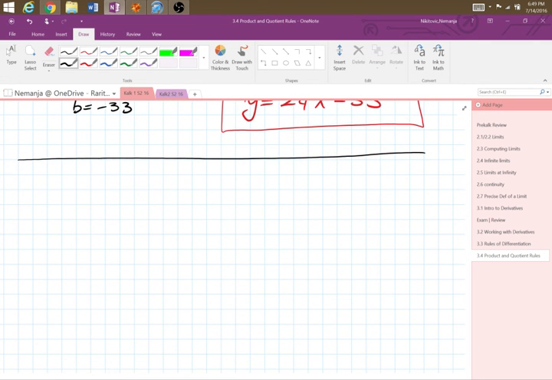So next example, function f of x is given as, let's say, 4x e to the x. And we want to find the tangent line at 0. So that 0 is your a.